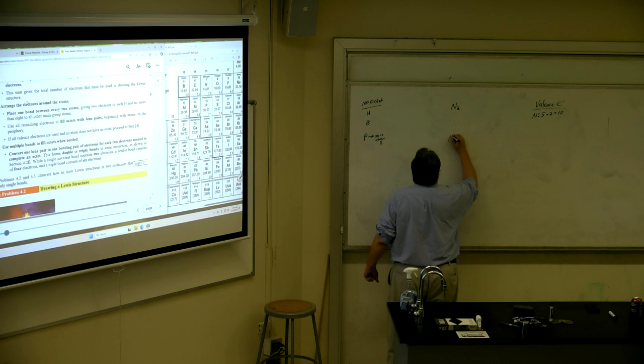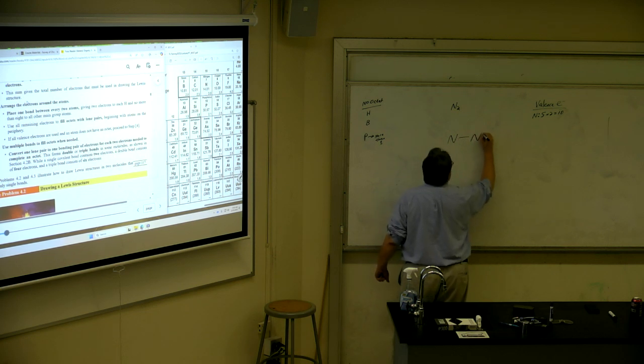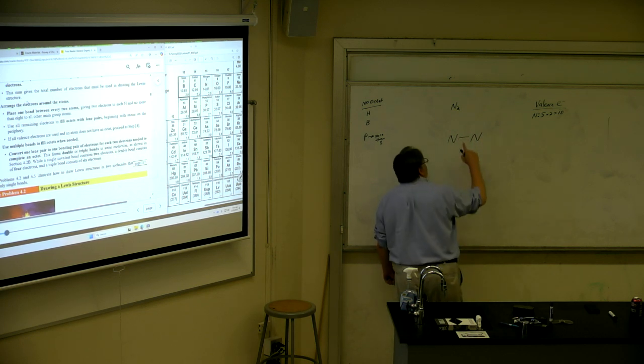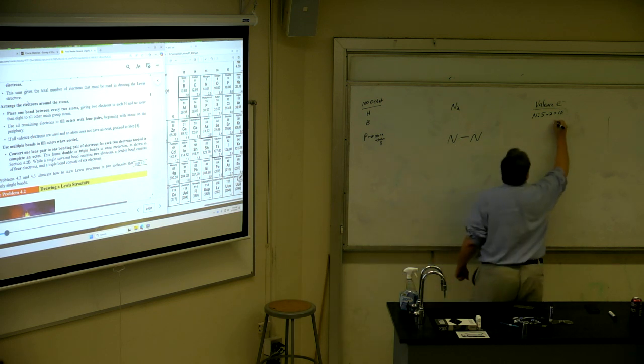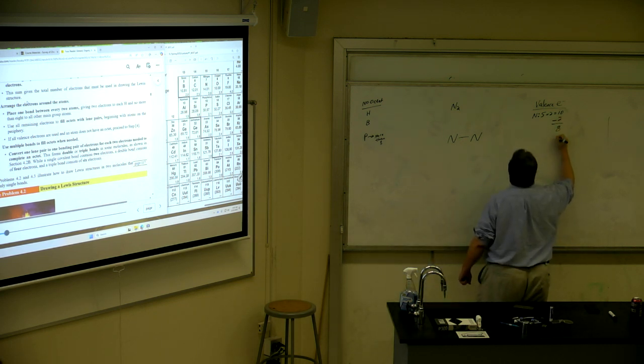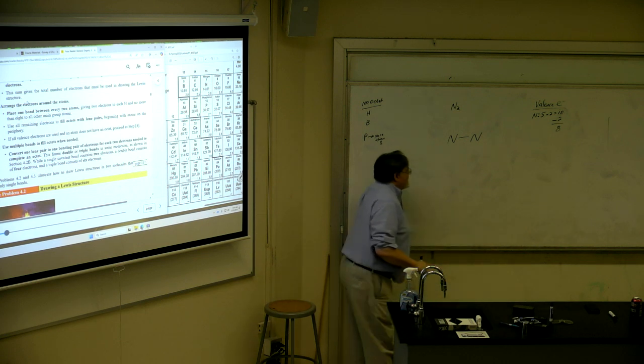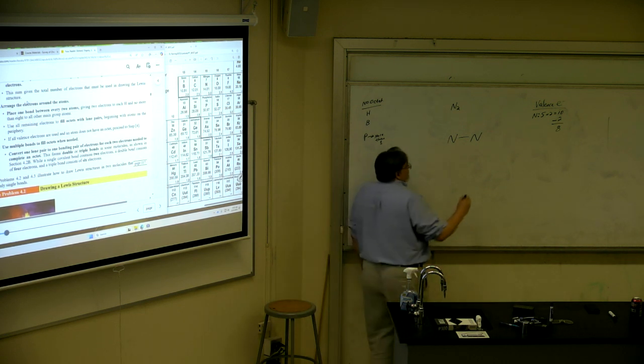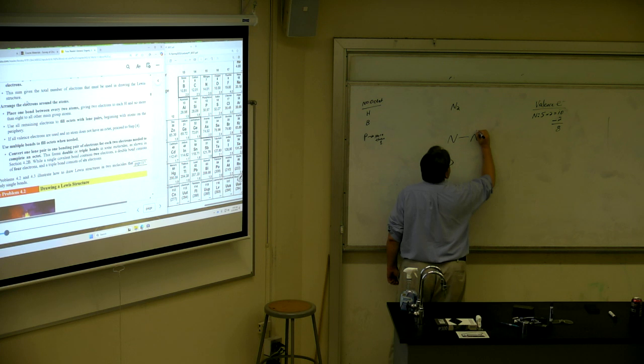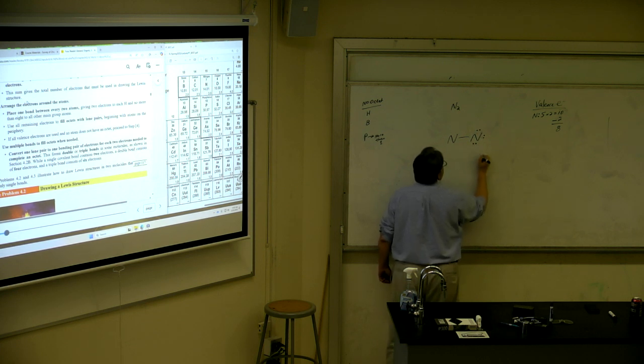The formal way, you would start like this. And I've used 2 electrons there, so -2, I've got 8 left. And now I try to get an octet around everything. So to get an octet around nitrogen, 2, 4, 6.